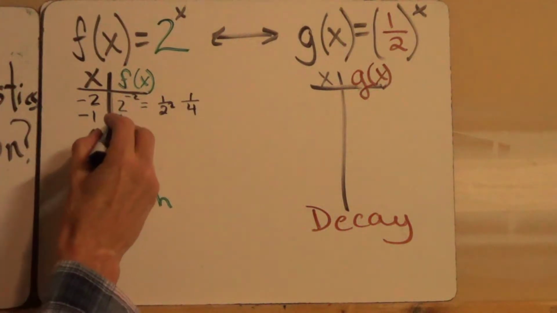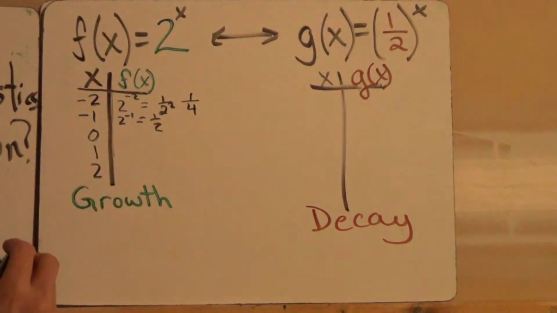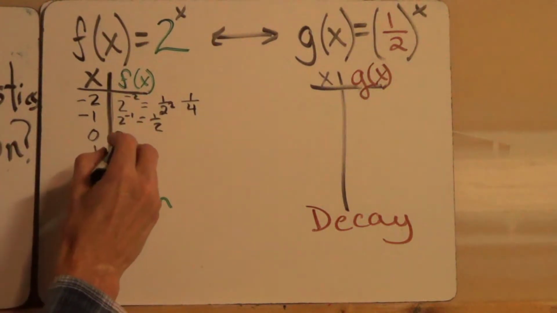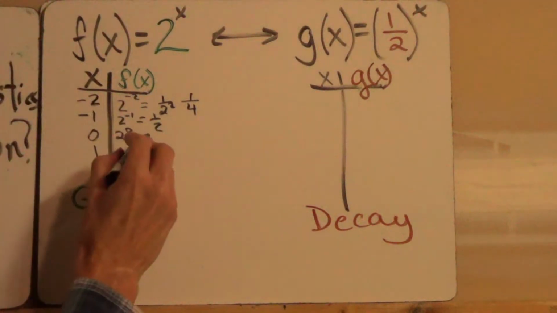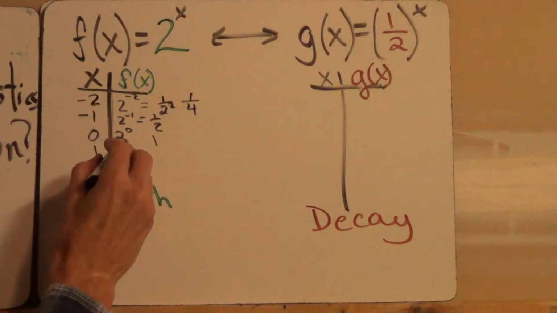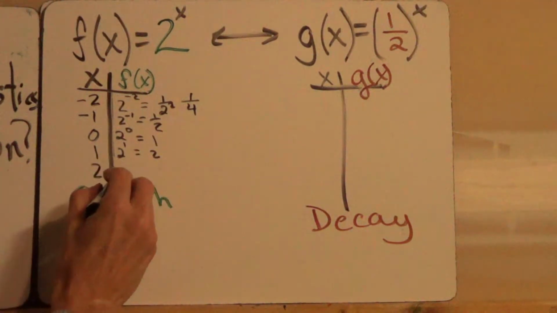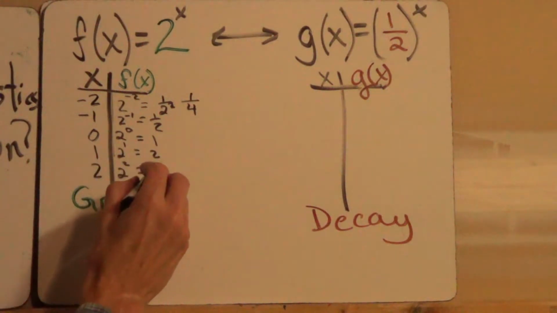The -1 would be 2 to the -1st, which would equal 1/2. 2 to the 0th, anything to the 0th power equals 1. 1, 2 to the 1st would be 2. And 2, 2 to the 2nd would be 4.